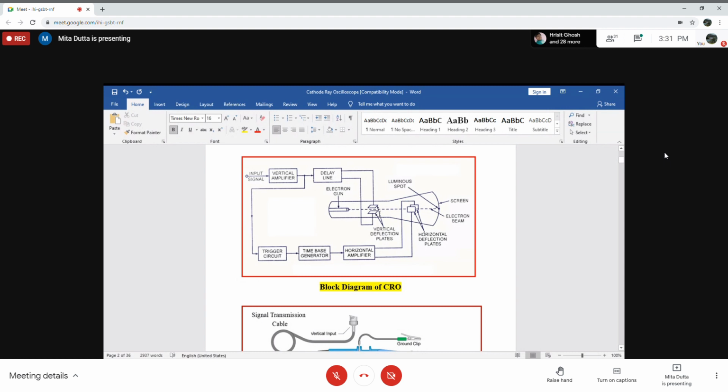Now, the horizontal deflection subsystem. Part of the amplified vertical signal is applied to the horizontal deflection subsystem, and it consists of a trigger circuit, time-base generator, and horizontal amplifier.